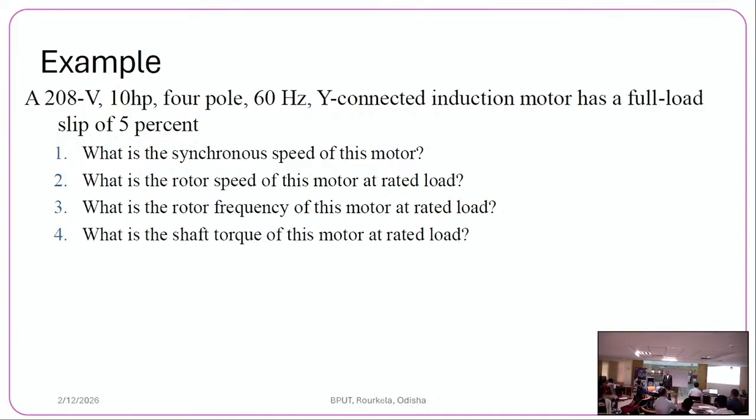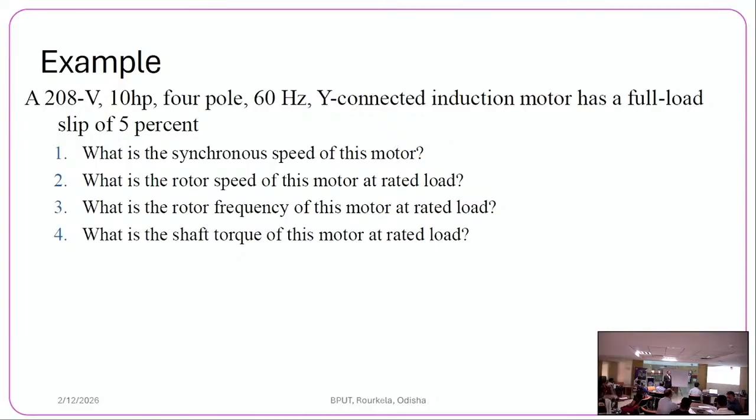If full load slip is 5% and synchronous speed is 1800 RPM, what is the slip speed? S into 1800, 5% of 1800, that is 90. So full load slip speed is 90 RPM. Then the rotor speed is 1800 minus 90, so 1710 RPM.